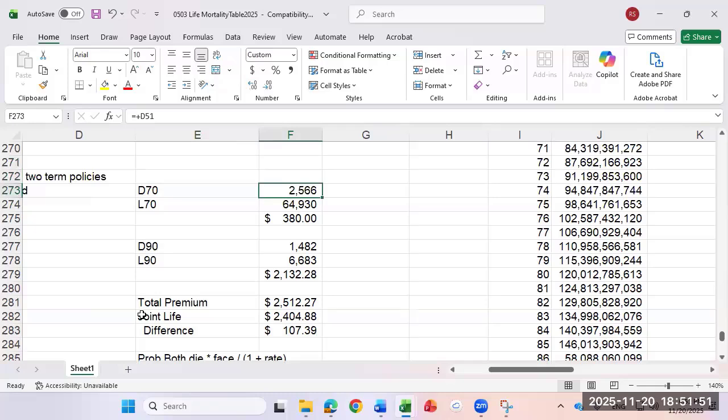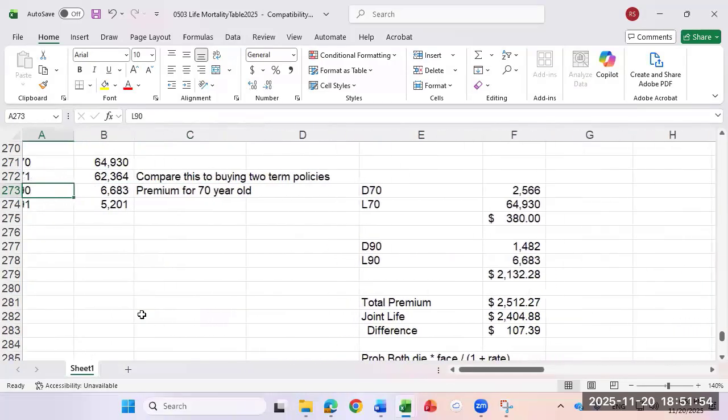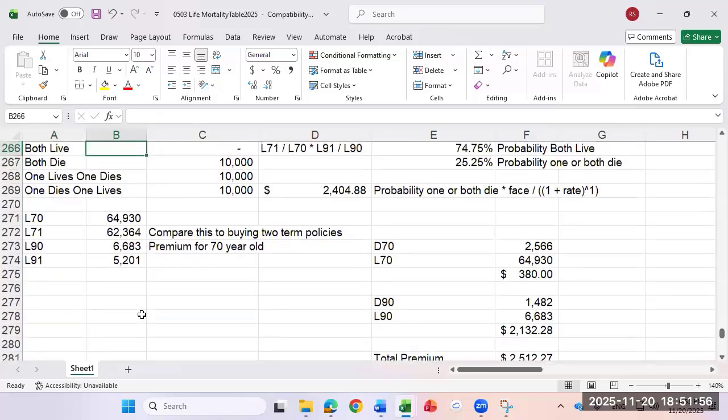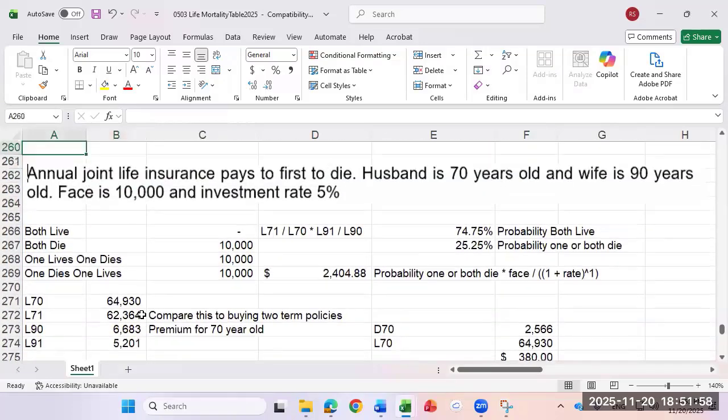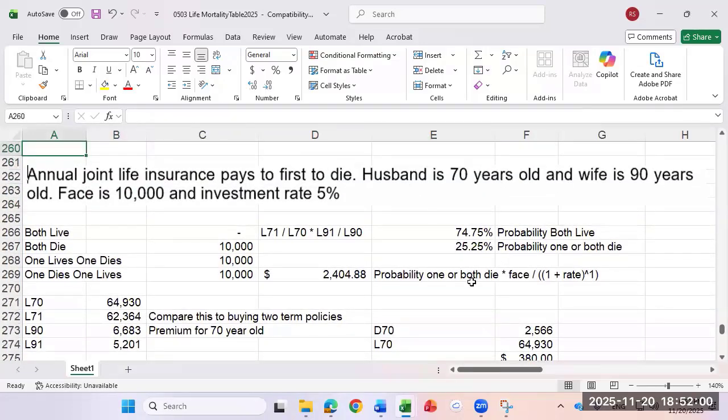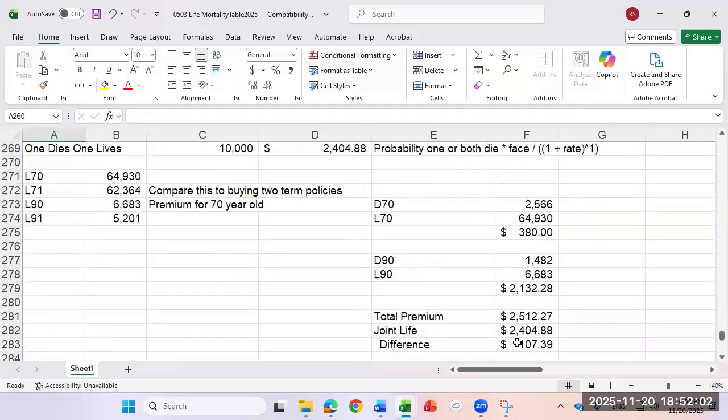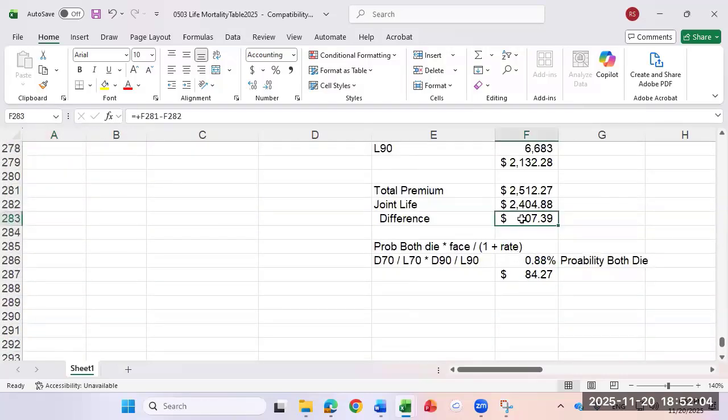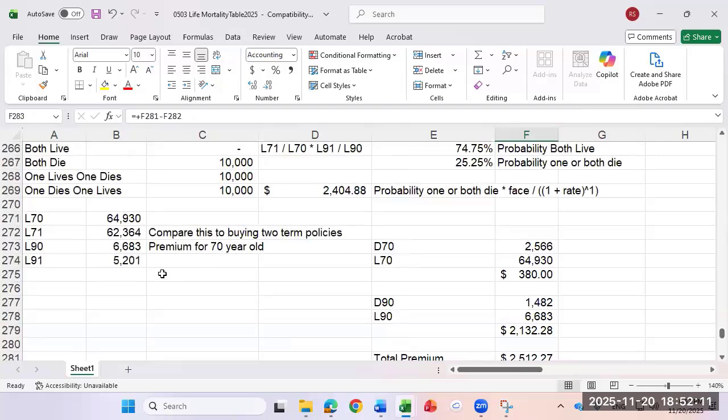So what's the key here? The key here is buying a joint life compared to buying the two term policies, the difference is pretty sizable here, whether it's 107.39 or 88.27. I'll figure out where I have the math there, but the difference is pretty sizable.